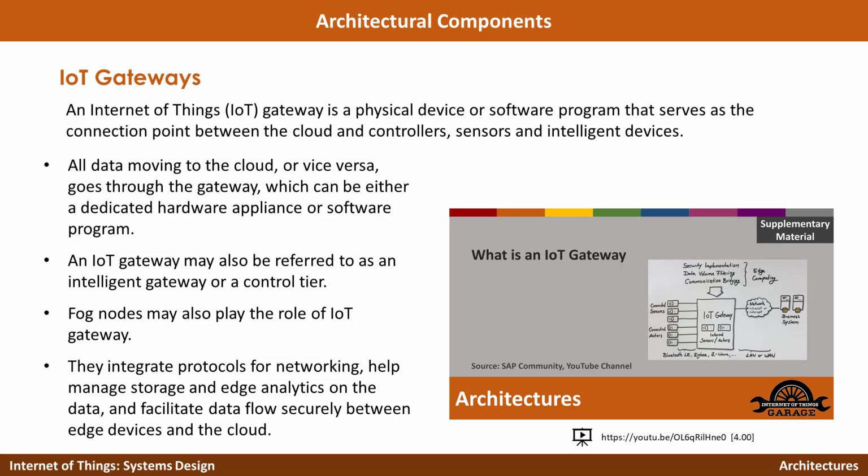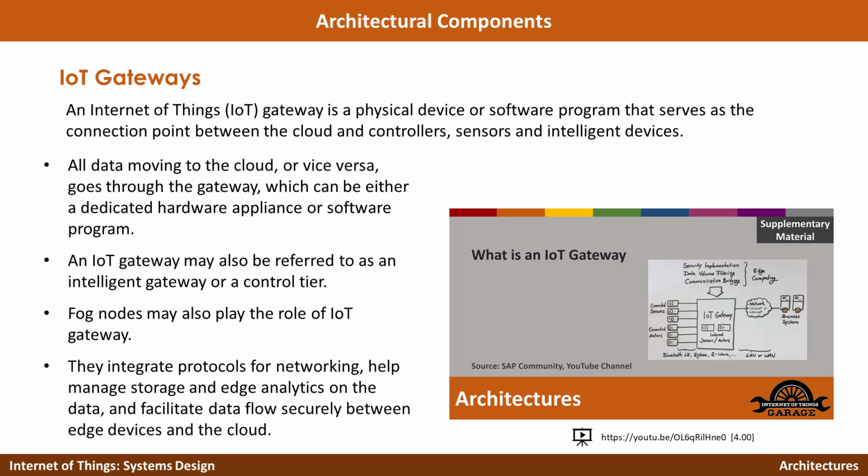You can think of an IoT gateway as a special case of a fog node. It is a fog node, but people identify it with a particular terminology, and there's some informal attachment of certain functionalities to the IoT gateway when people refer to it.